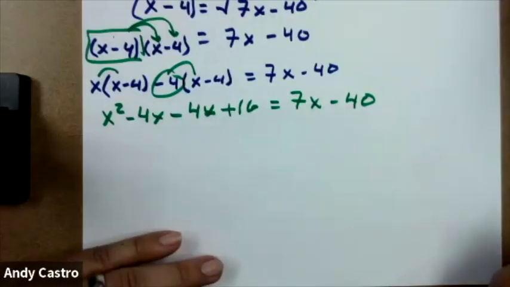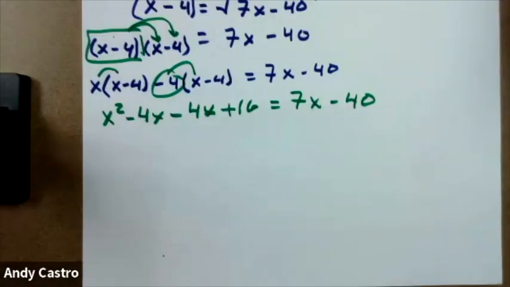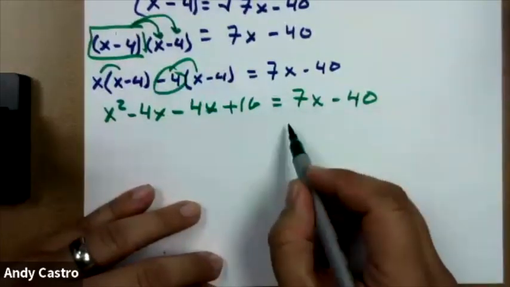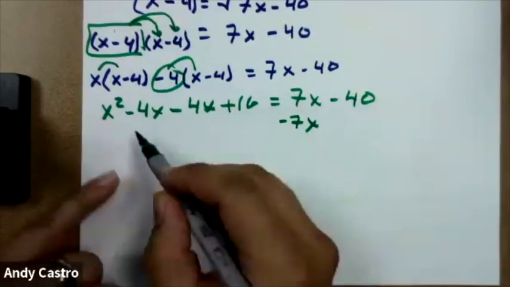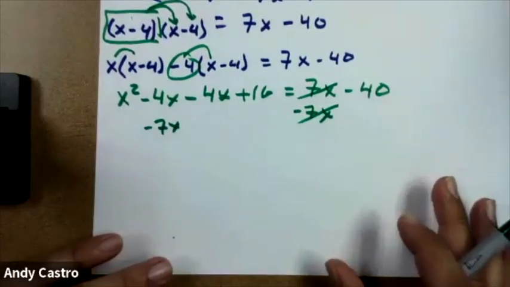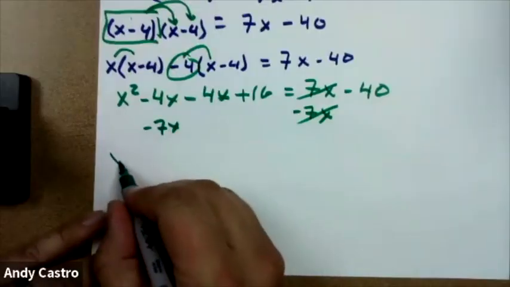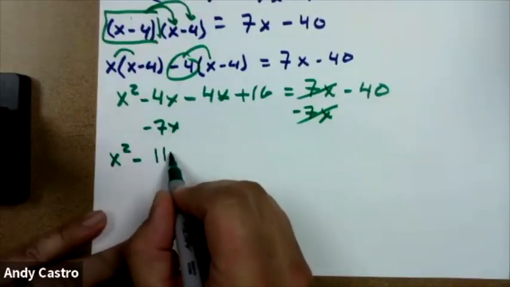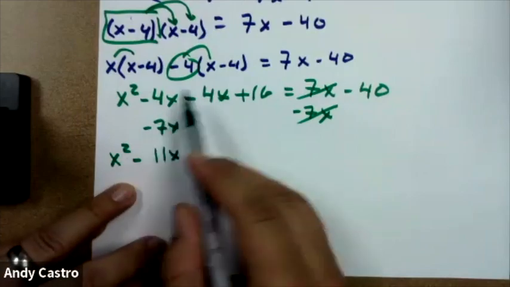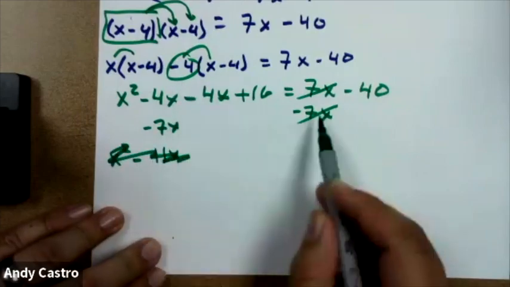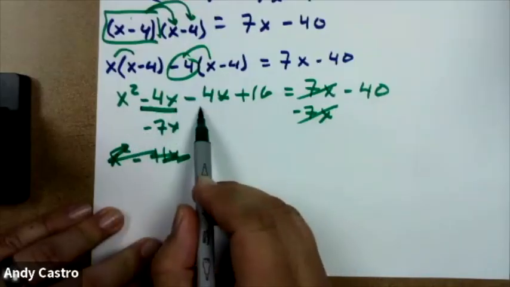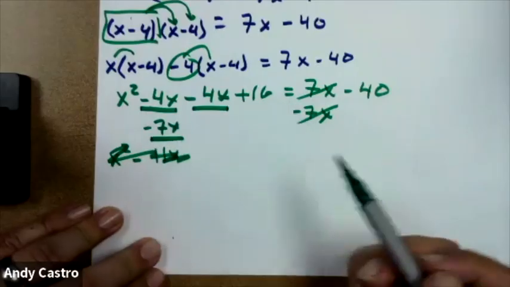All right. Now I'm going to bring everything over to the left because I have a lot of overlapping like terms. So minus 7x on both sides. Oh, I'm sorry. Hold on. Before I do that, I can combine these two: -4x minus 4x minus 7x.